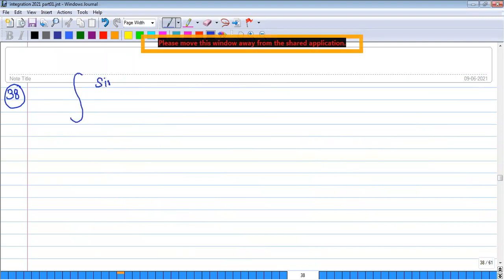Question 38. Integral sin x to the power of 6 upon cos x to the power of 8 dx equals to.